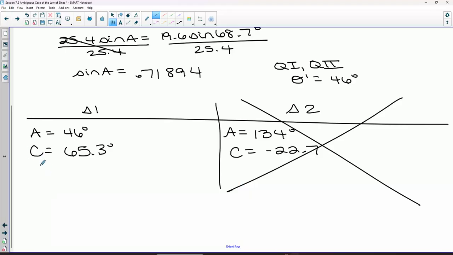So now all that we have left to find is side C. So I'm going to do B over the sine of B, or wait, which side did I need?